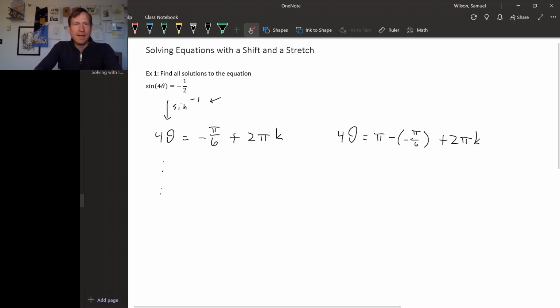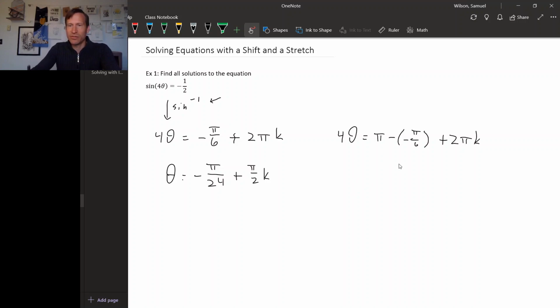All right, and now that we have all of our solutions written down, now we can finish solving for theta. So now we can divide everything by 4. So theta is minus, let's see, pi over 6 over 4 is going to be pi over 24 plus, and then 2 pi k over 4 is pi over 2 times k.